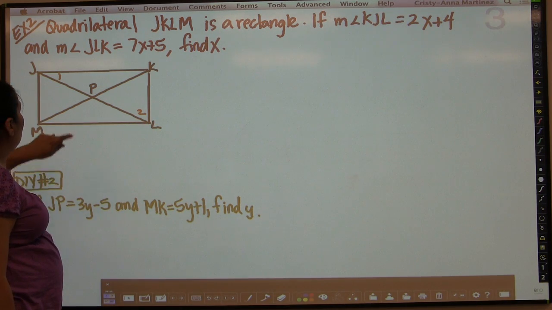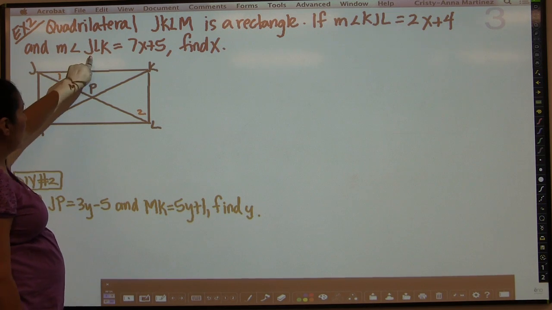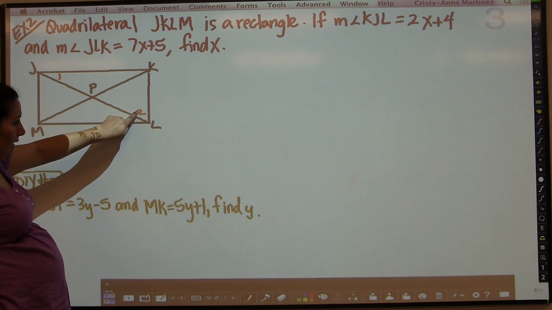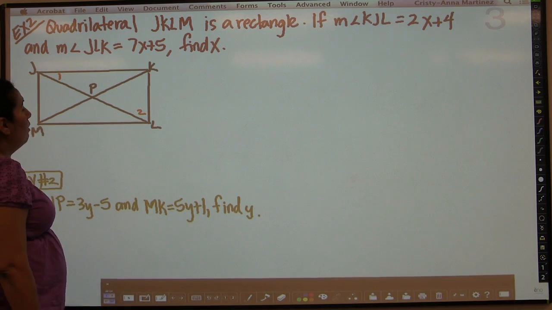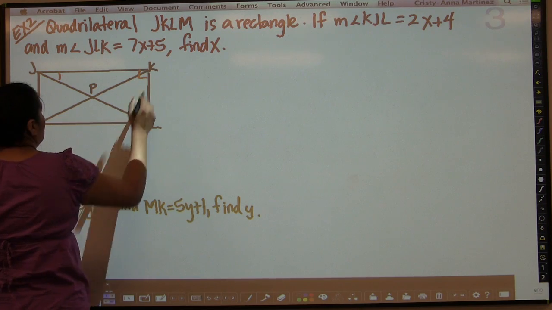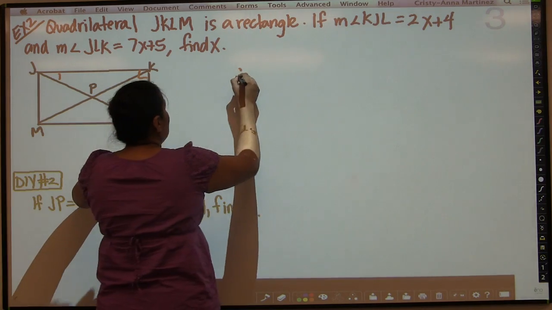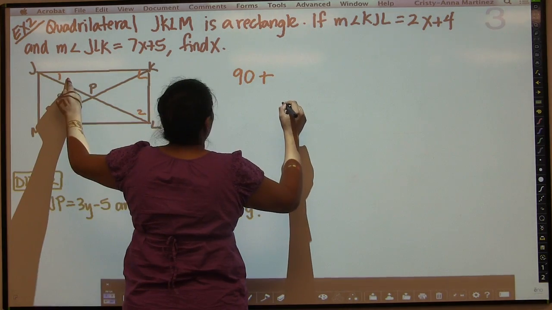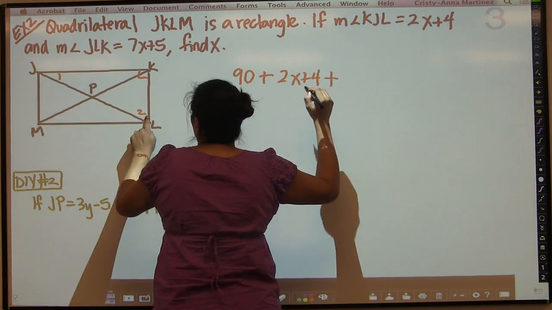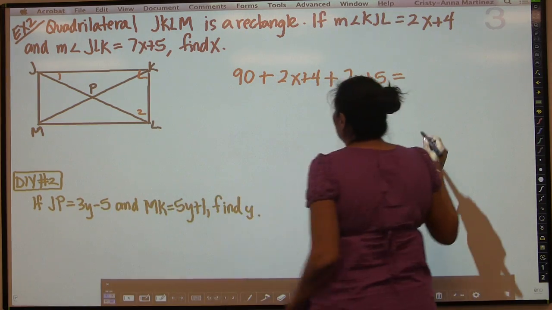Angle KJL is labeled angle 1, and JLK is labeled angle 2 right now. And what we also know is that because it's a rectangle, all four of the corners have to be 90. So as we look at triangle JKL, we know that 90 plus angle 1, which is 2x plus 4, plus angle 2, which is 7x plus 5, should all add up to 180.